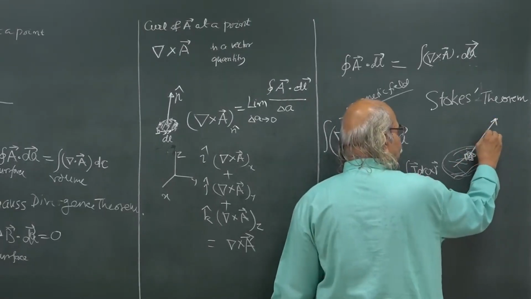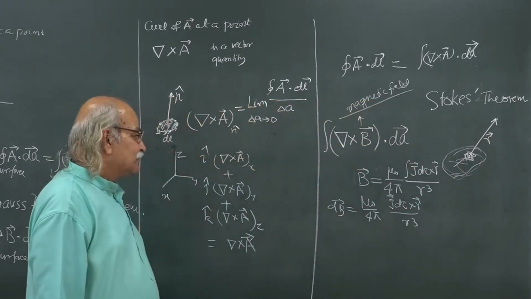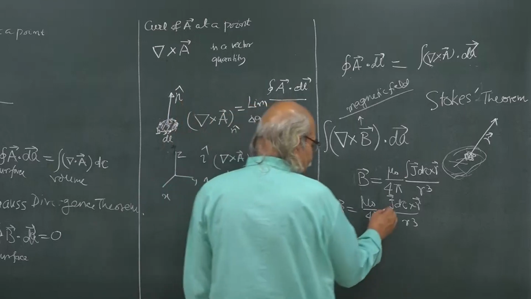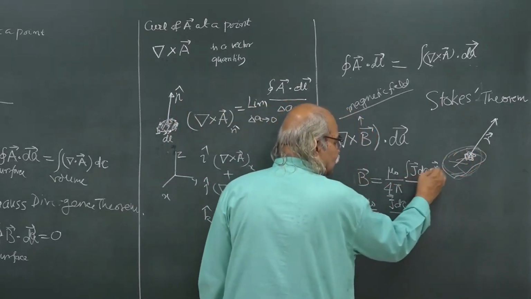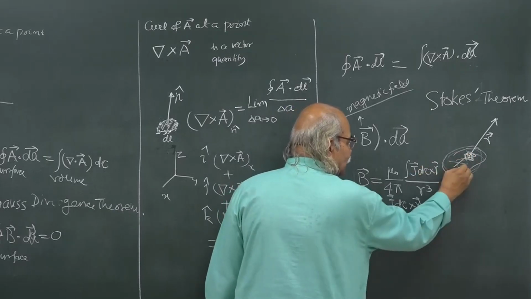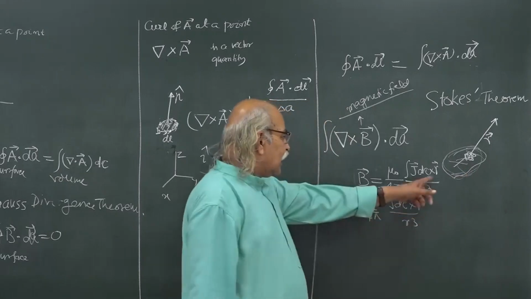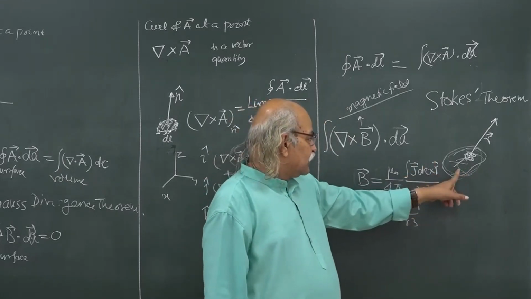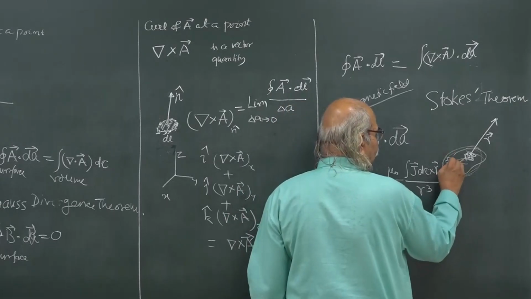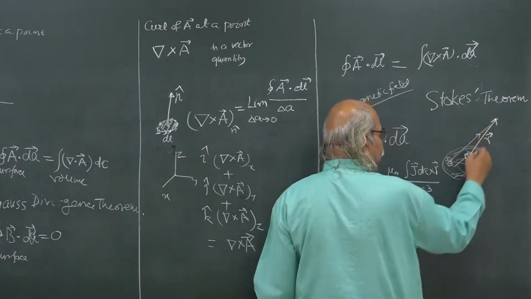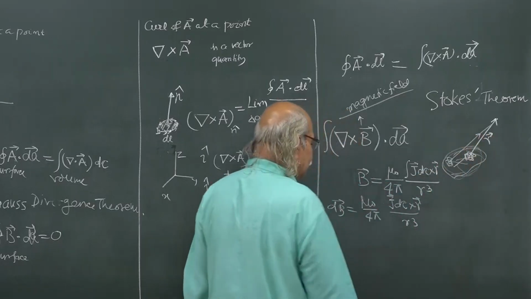This is your r. So, this integration is on this volume. You take this d tau here, you take this d tau here, you take this d tau here. This r will keep changing, because if you take the d tau here, then your r vector will be this. So, as you change your d tau, this r vector will keep on changing.